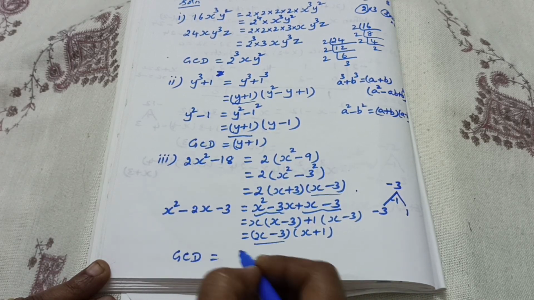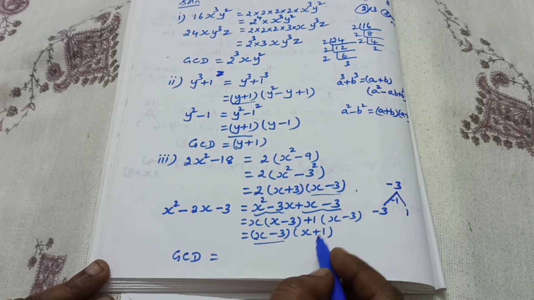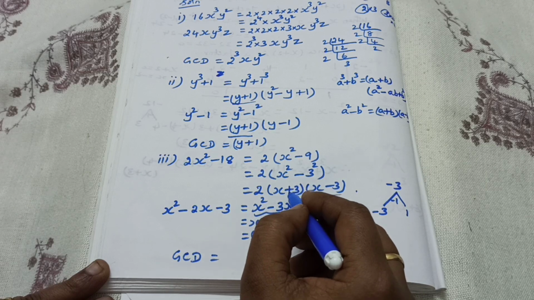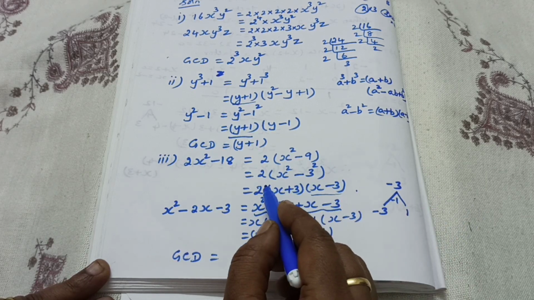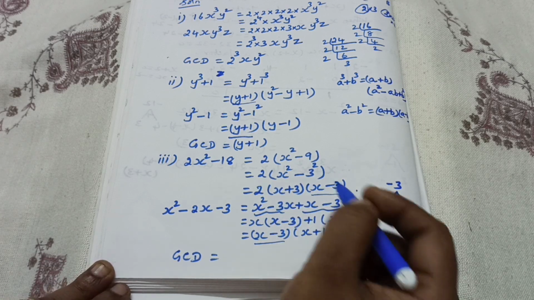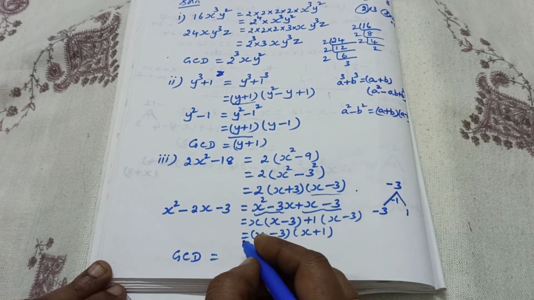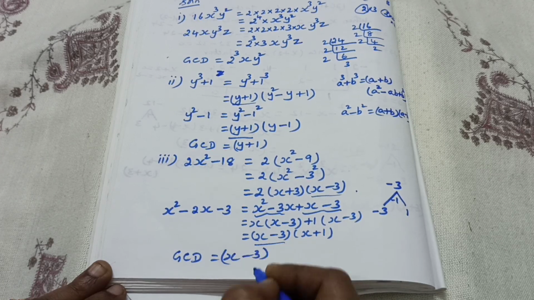GCD is equal to, this is the greatest common. Any other common factor? Here x plus 1 is there, but it is not in the first polynomial. This 2 is not in the second polynomial. So no other common factors, this one only is common. So x minus 3 is the common divisor.